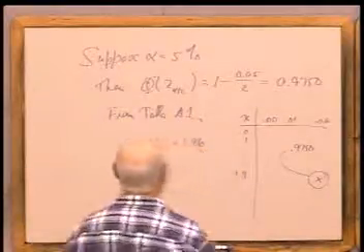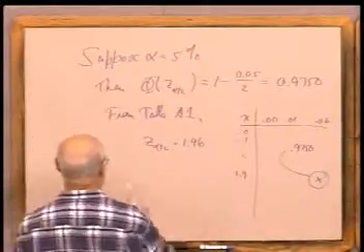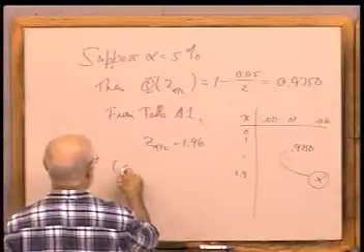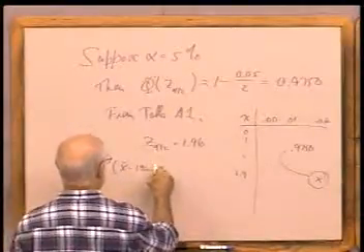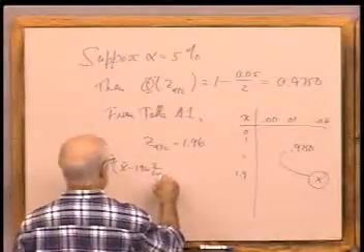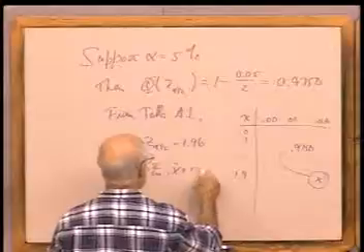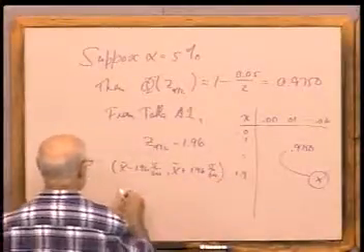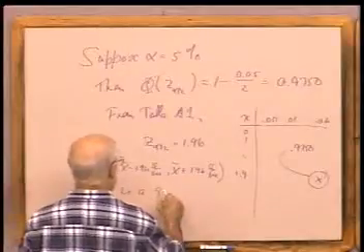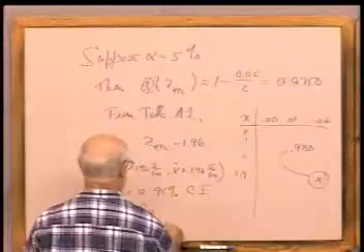Okay, so what that means is that, therefore, I could say that x bar minus 1.96 sigma divided by the square root of n, and x bar plus 1.96 sigma divided by the square root of n is a 95% confidence interval for mu.